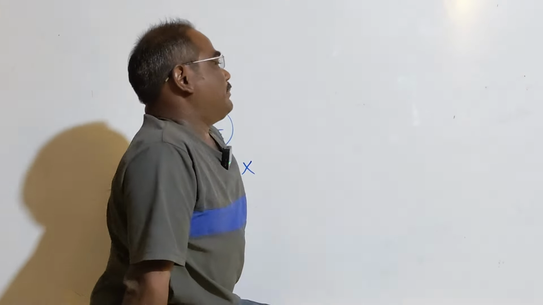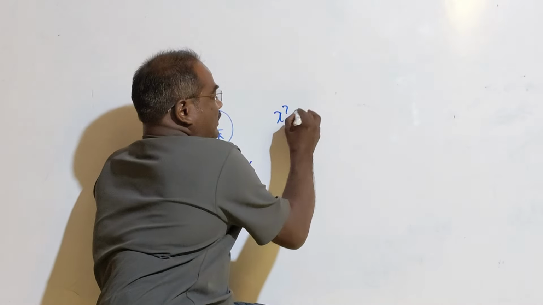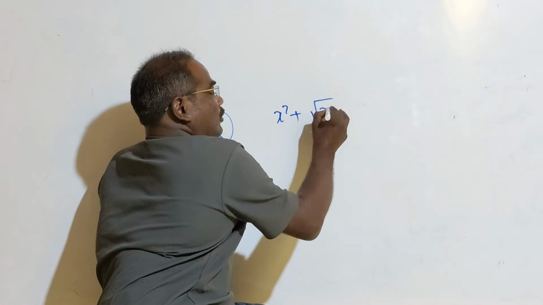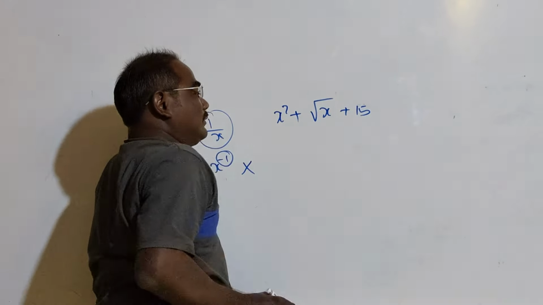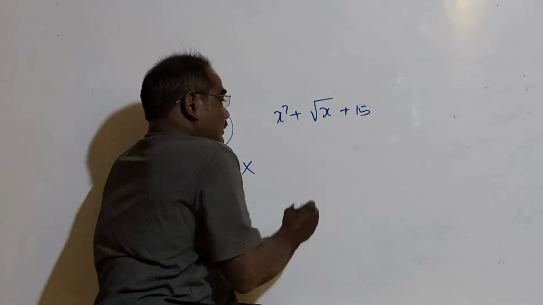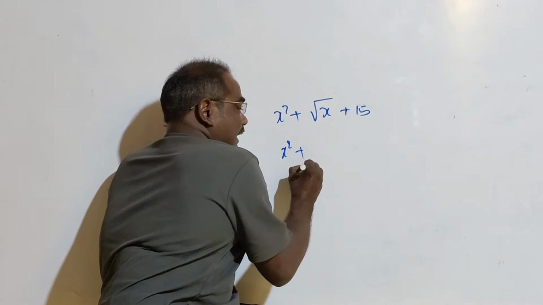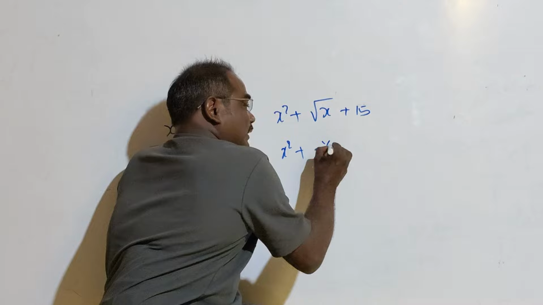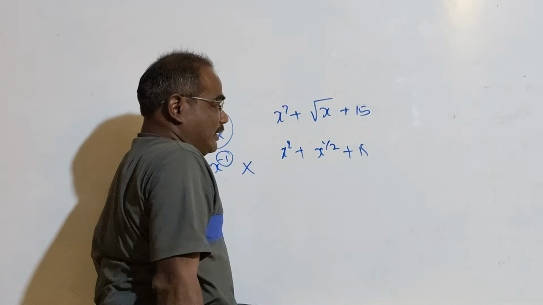Let me take one more example: x square plus under root x plus 15. Is this a polynomial? If I simplify, it becomes x square plus x power 1 by 2 plus 15.